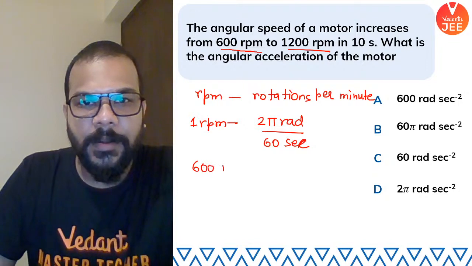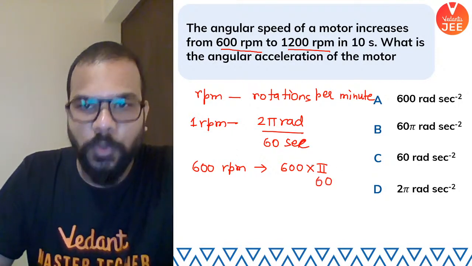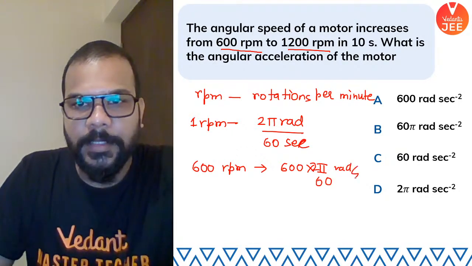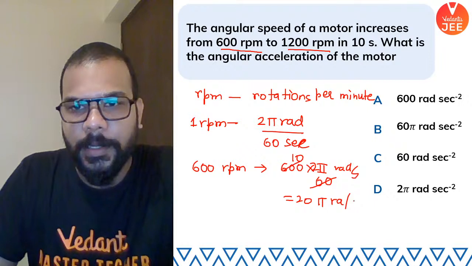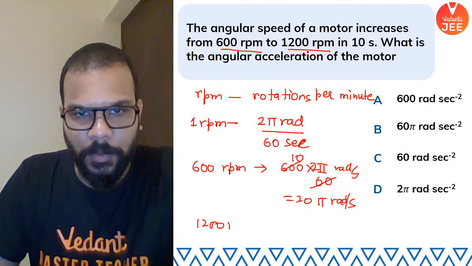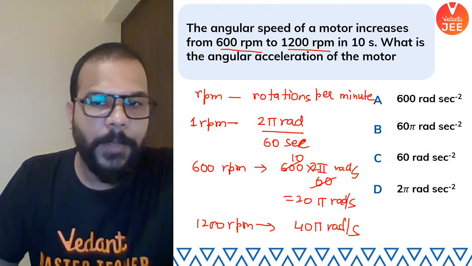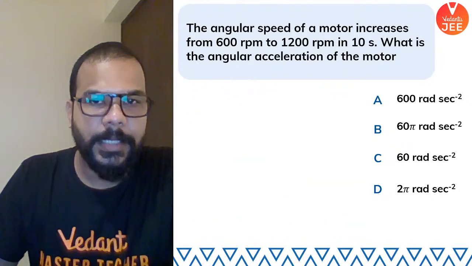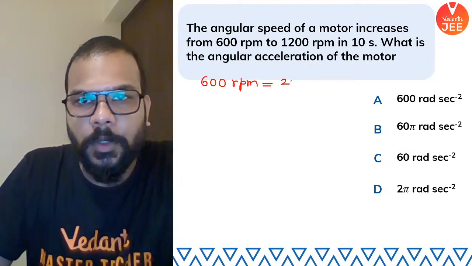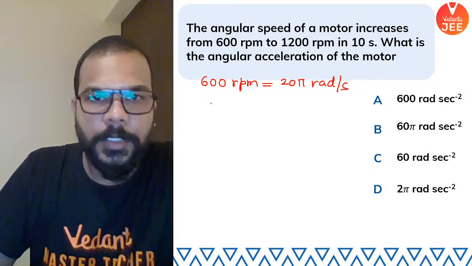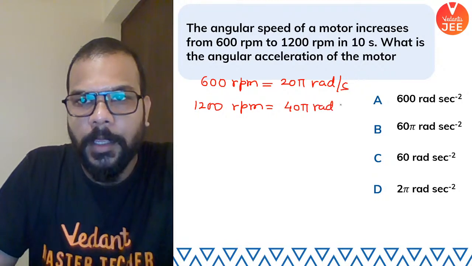So 600 RPM is 600 into 2 pi by 60 radians per second. This cancels 10 times, that means it is 20 pi radians per second. Similarly, 1200 RPM will be 40 pi radians per second. Clear? 600 RPM is 20 pi radians per second, and 1200 RPM is 40 pi radians per second.